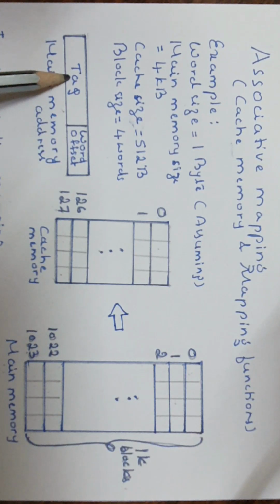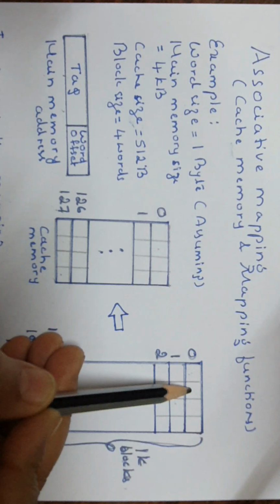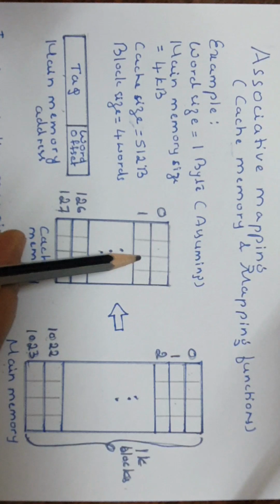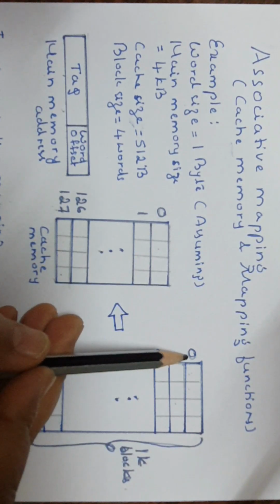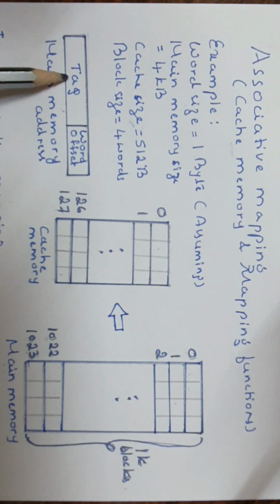These tag bits are used to identify which block of main memory is copied to the cache block. Suppose the word requested is in block 0; then not just one word, the whole of block 0 is copied to the cache block. To identify which block is copied, the reserved bits are called tag bits.